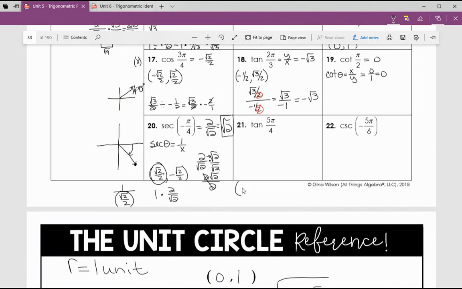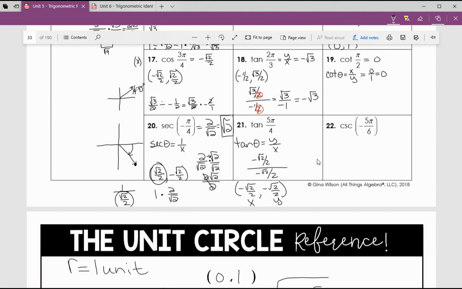So here's my ordered pair. Tangent of any angle is always y over x. So that would be taking the y, which is negative square root of 2 over 2, and dividing it by the x value, which is also negative square root of 2 over 2.